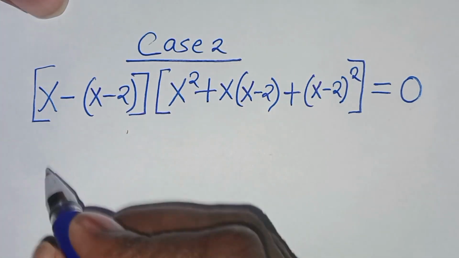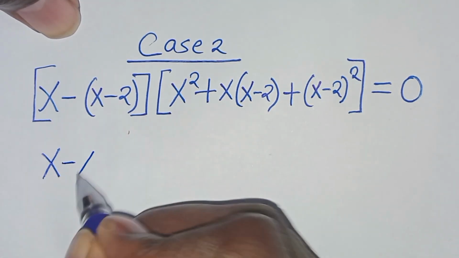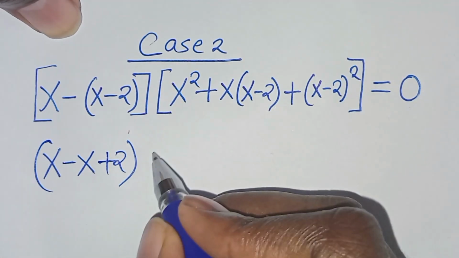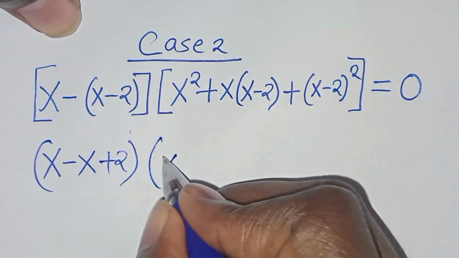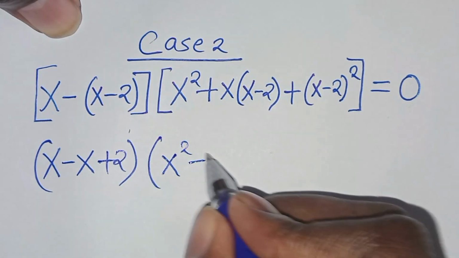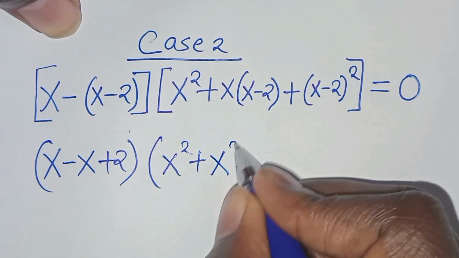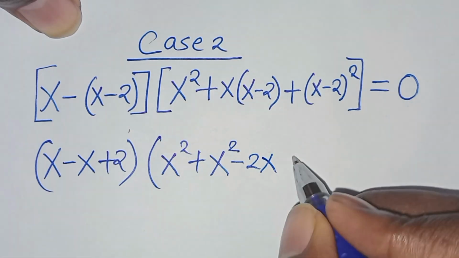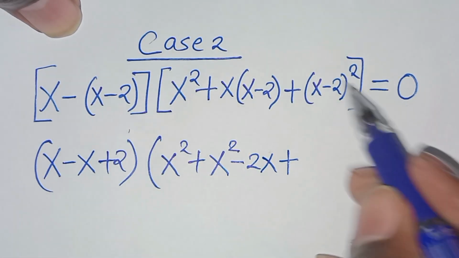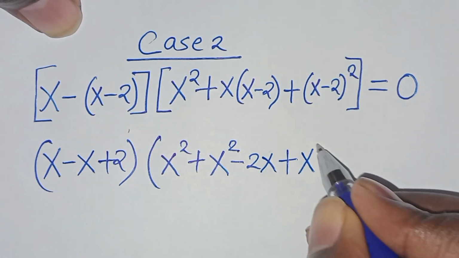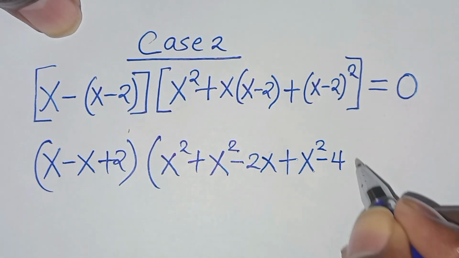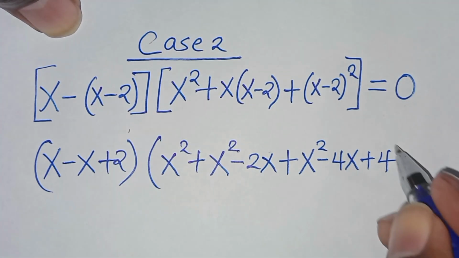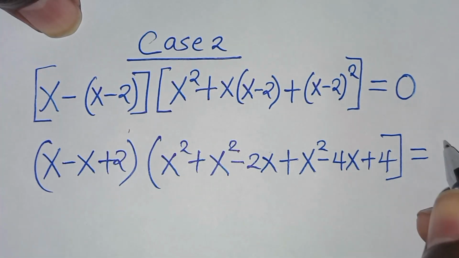Now from here, we have x minus x, minus times minus 2, this is plus 2, close the bracket here. The second part here, we have x squared, then plus x times x, this is x squared, then x times minus 2, this becomes minus 2x, then plus x minus 2 raised to the power 2, this is the same thing as x squared minus 4x, then plus minus 2 squared, which is 4, then you close the bracket from here, this is equal to 0.